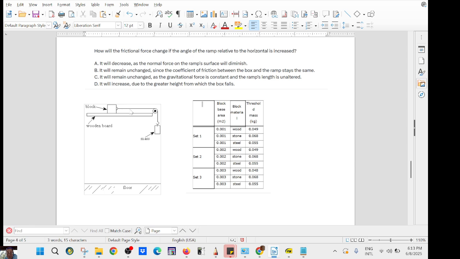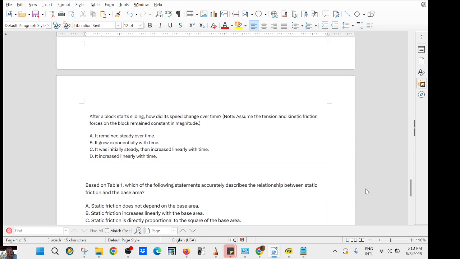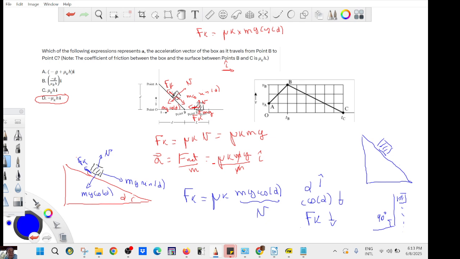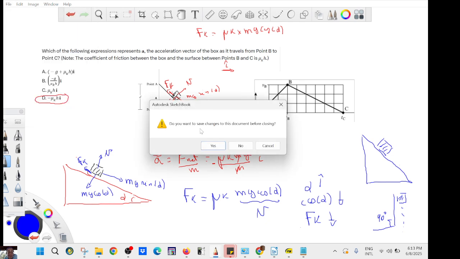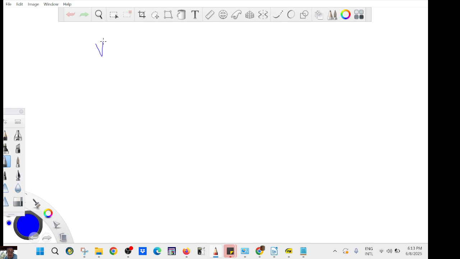So you're going to have the tension here and you have some kinetic friction. So the kinetic friction is the same. The tension is the same. So the applied force is the same. So the acceleration will be the same. So if the acceleration is the same, then we have V equals AT, right?